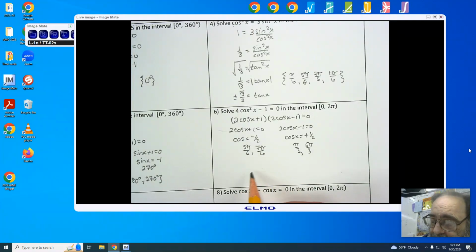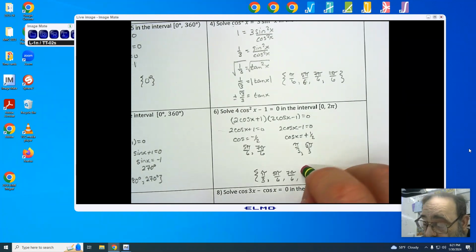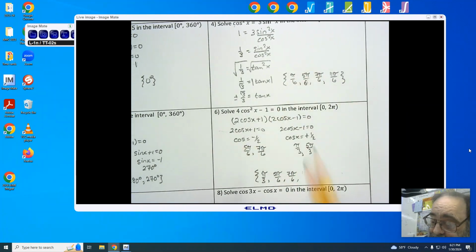And then I'm just going to go ahead and list them from least to greatest: pi over 3, 5 pi over 6, 7 pi over 6, and we finish with 5 pi over 3 in the fourth quadrant. And those are my solutions.